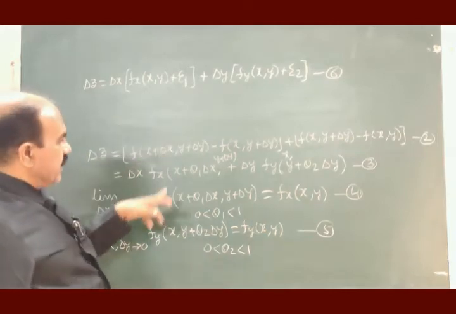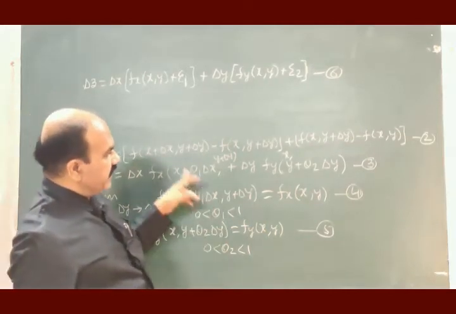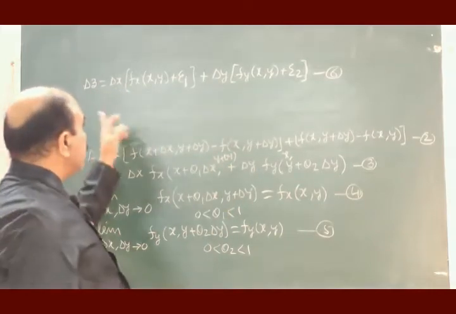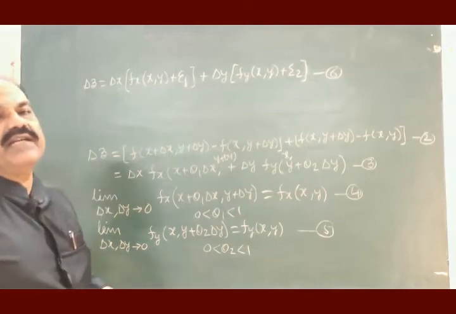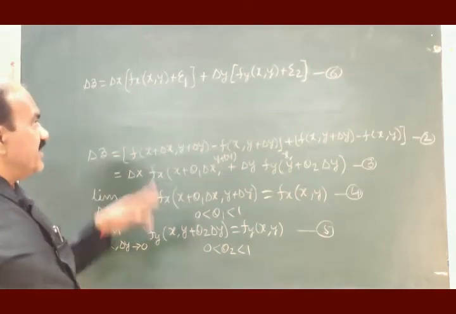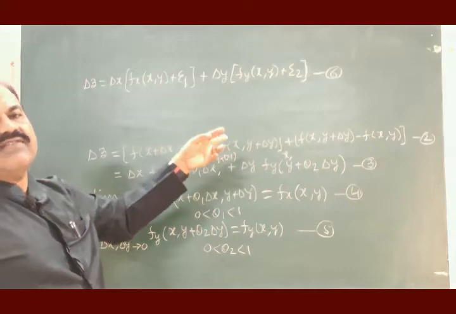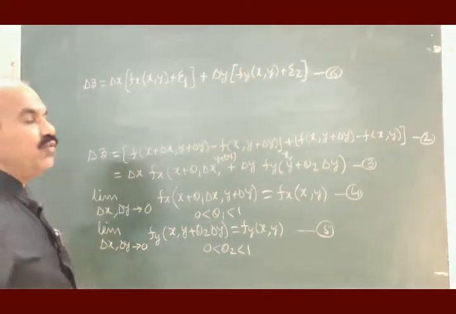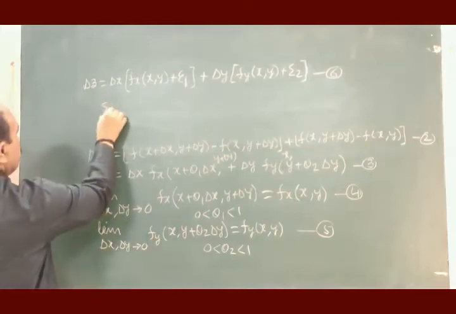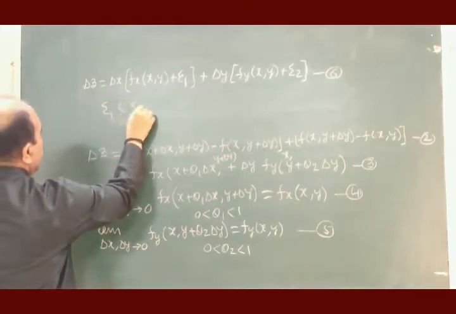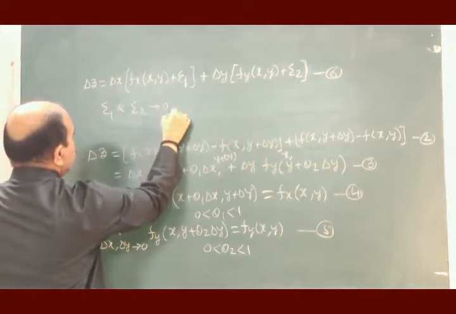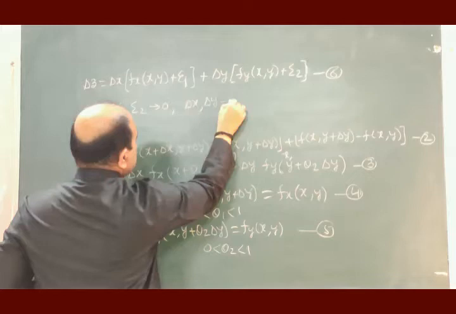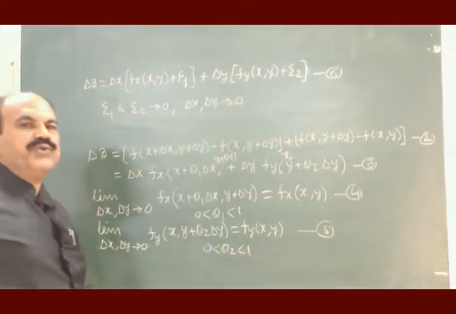And so, using equations 4 and 5, equation 3 can be written as delta z is equal to delta x into, in the square bracket, fx of (x, y) plus sigma 1, plus delta y into, in the square bracket, fy of (x, y) plus sigma 2, where this sigma 1 and sigma 2 tend to 0 as delta x, delta y tends to 0.